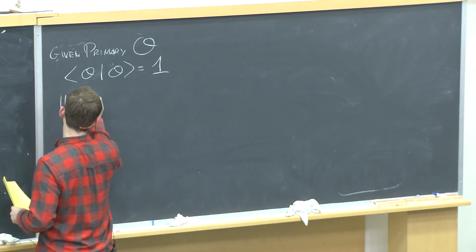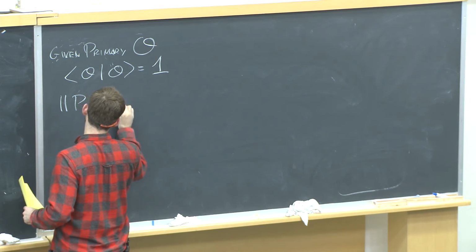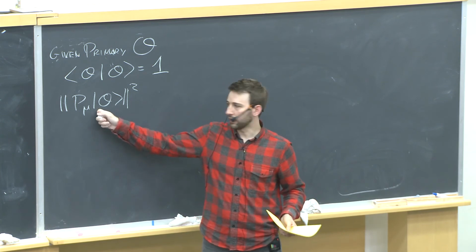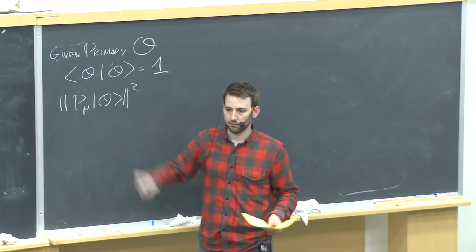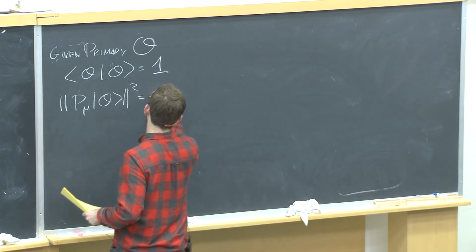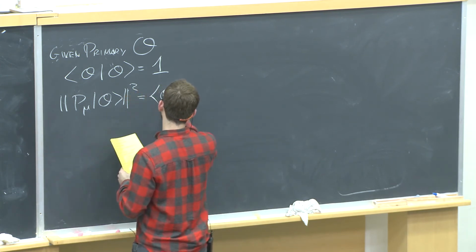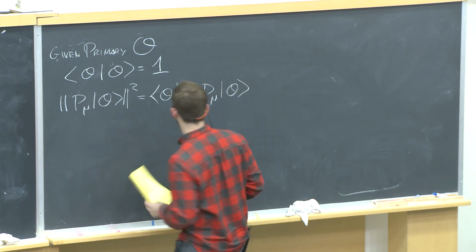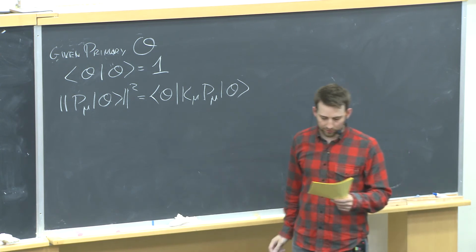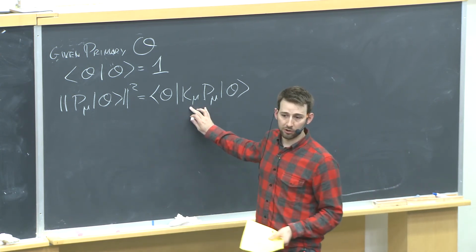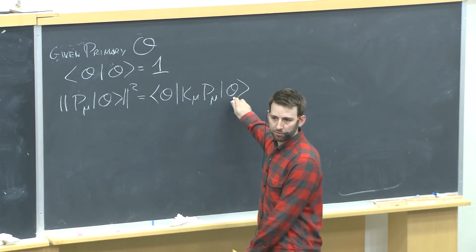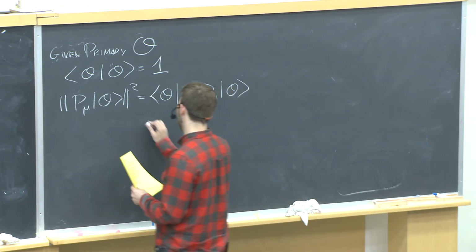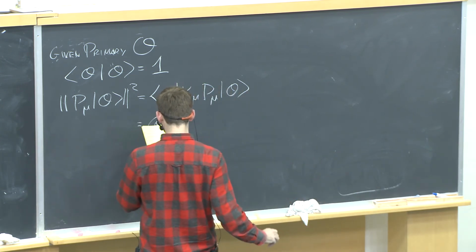I can now ask, what is the norm squared of the operator that I get when I act with P mu? Well, because I know how to do Hermitian conjugation, I have this, and now I can commute through. And this is a primary operator, so the state is a primary state in the sense that it's still annihilated by the action of the K. So I just pick up the commutator factor.